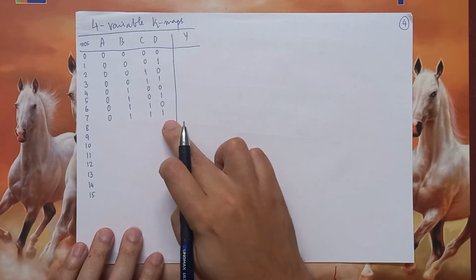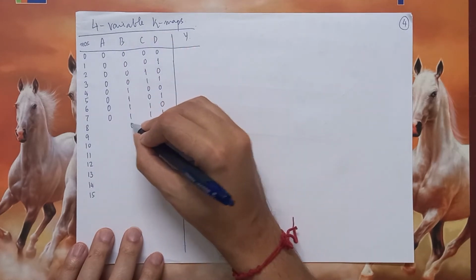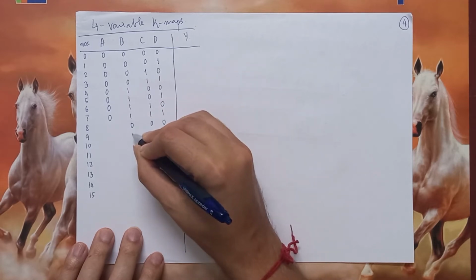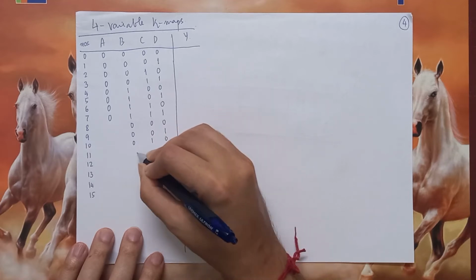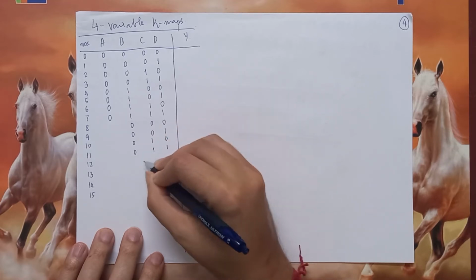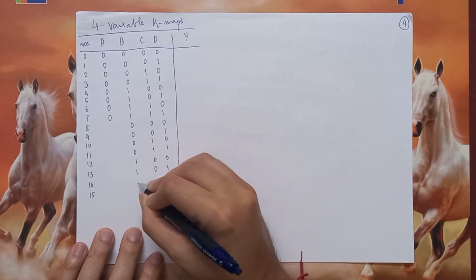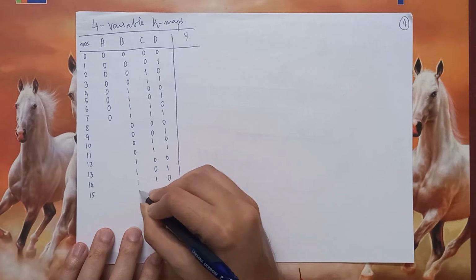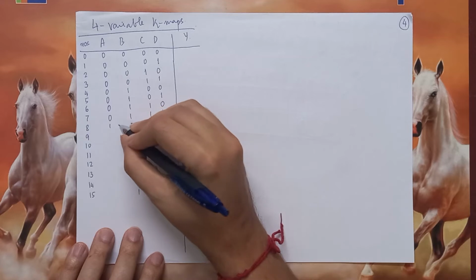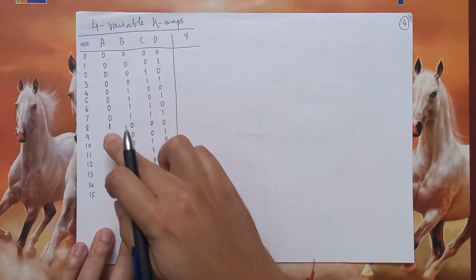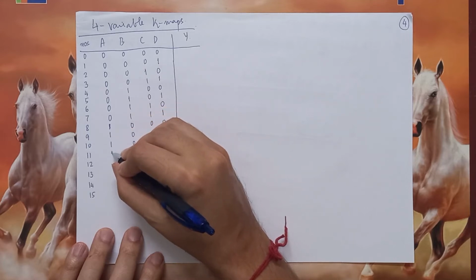Now, once again, for the last 3 variables, repeat the 3 variable truth table, just like this. And now the value of A will be 1 for these last 8 rows.